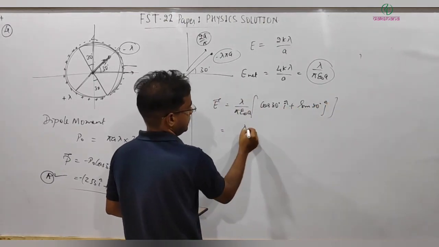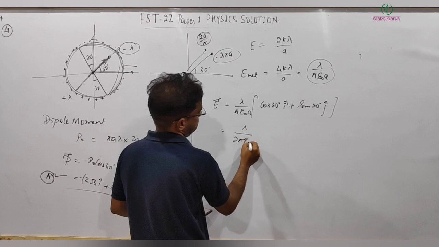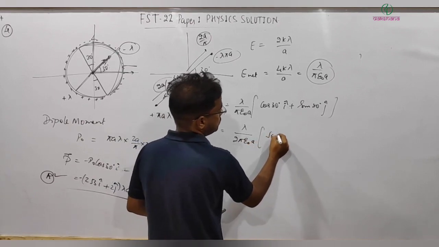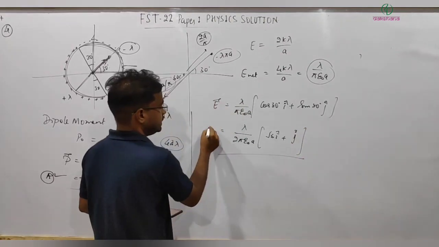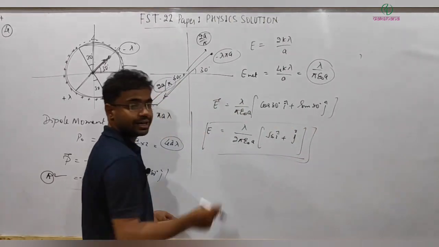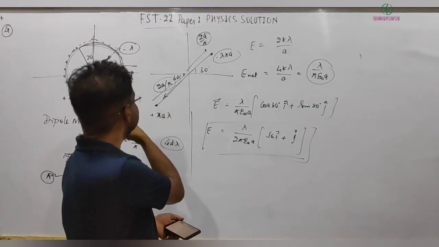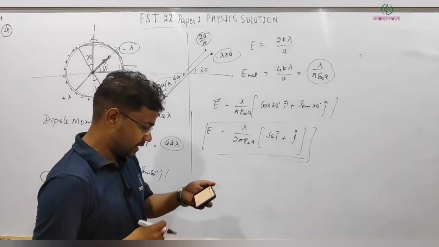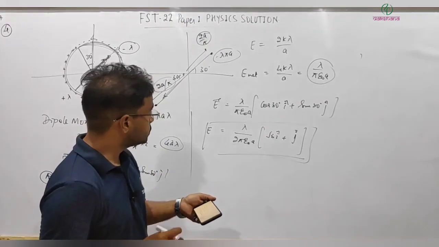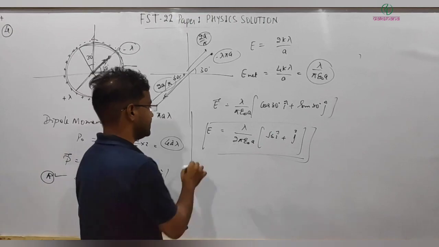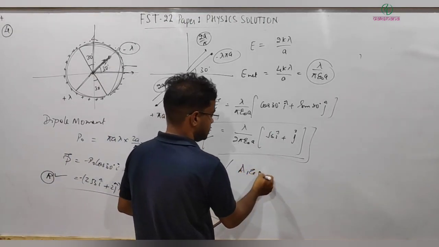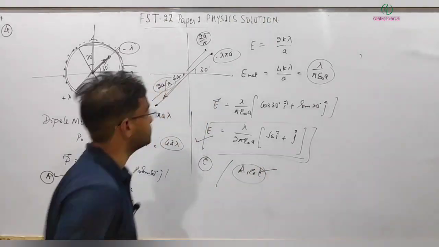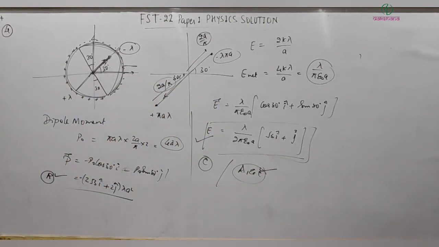Taking λ by 2πε₀a out, this is (√3 i cap + j cap). So this will be the magnitude of the net electric field due to this ring at the center, which matches with the option. So √3 i cap is exactly option C. So the answer here is A and C. That's the correct option. This is our problem number 4.